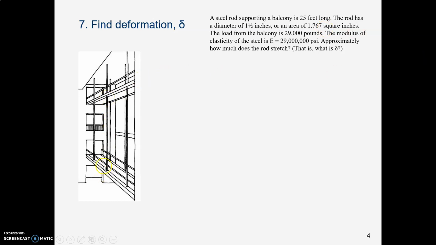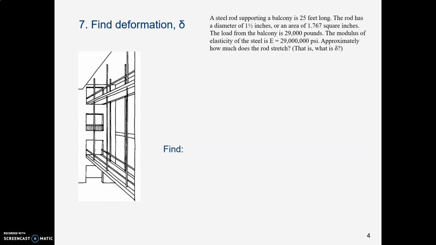The load from the balcony is 29,000 pounds. The modulus of elasticity of this mild steel is 29 million psi. The question is, approximately how much does the rod stretch? In other words, you are looking for deformation.